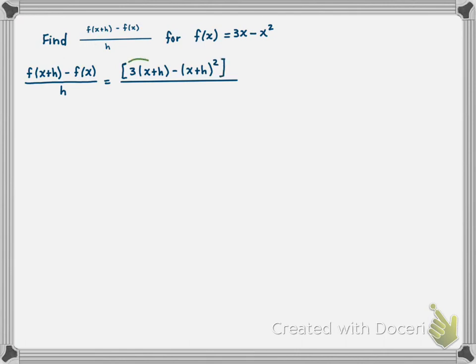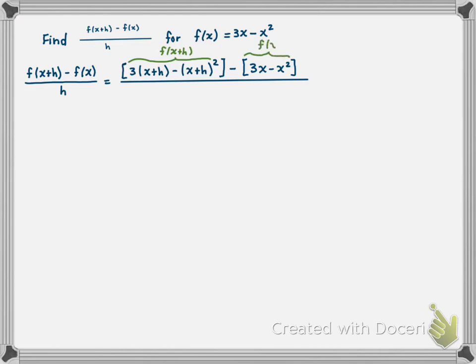So this whole thing is my f of x plus h. Then minus, what's f of x? 3x minus x squared. So that's my f of x.